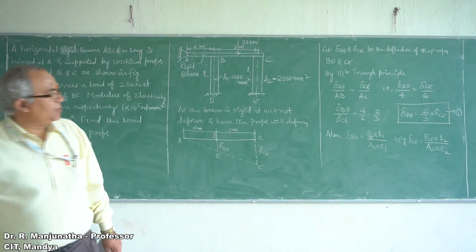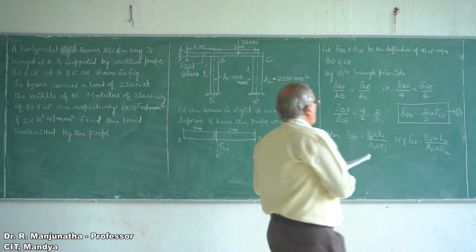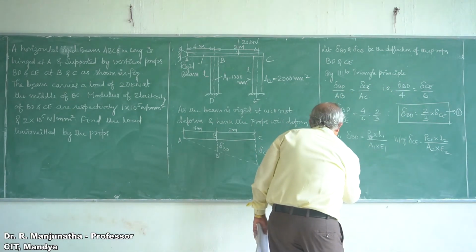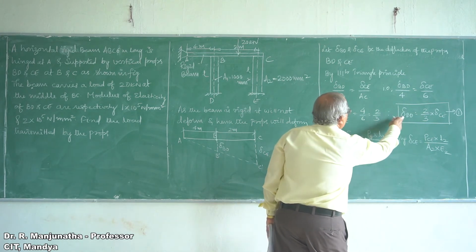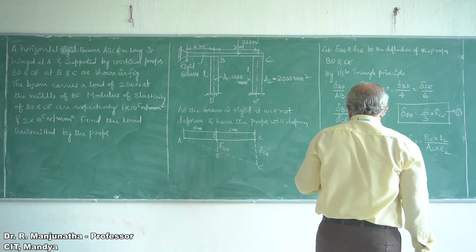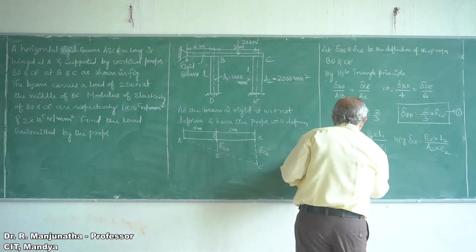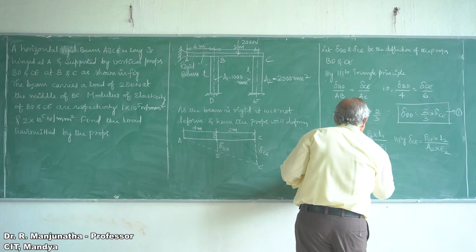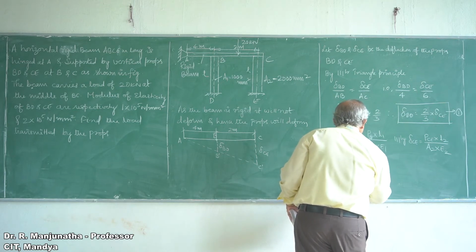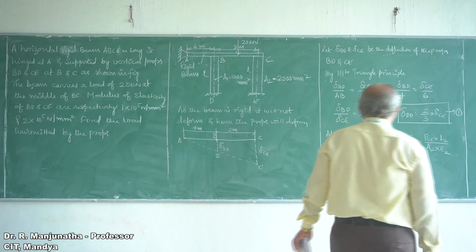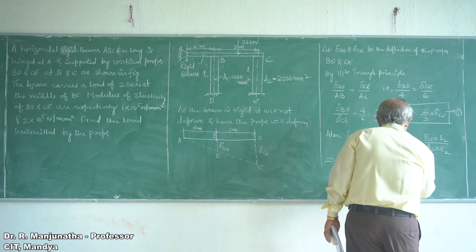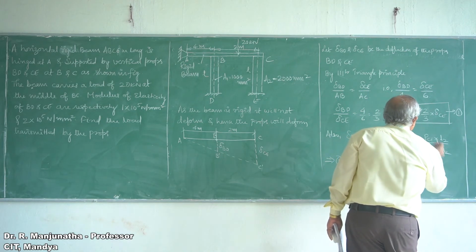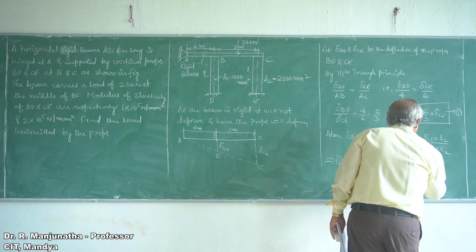Now we substitute these values in equation 1. So delta BD, which is PBD into L1 divided by A1 into E1, will be equal to 2 by 3 into delta CE, which is PCE into L2 divided by A2 into E2.